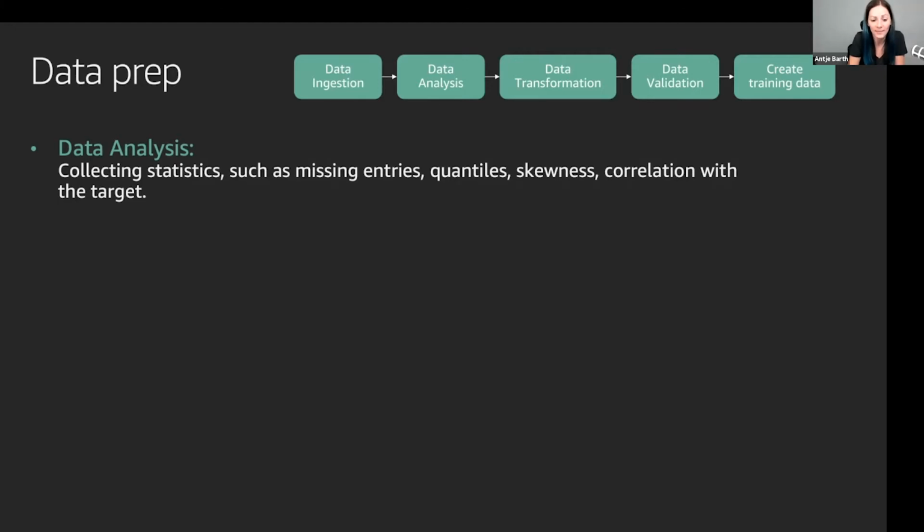So you'll calculate statistics, such as missing entries, calculate quantiles, check if the data is skewed in any way, and also check the correlation of the data with the target attribute you want to predict, right? And you might even dismiss a couple of data points, columns, or features, because they are not correlated with the job you want to do of predicting a specific target.